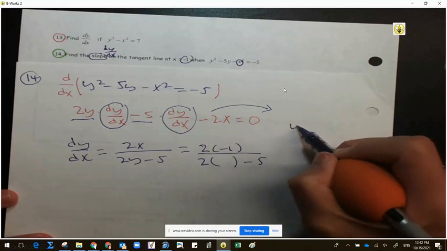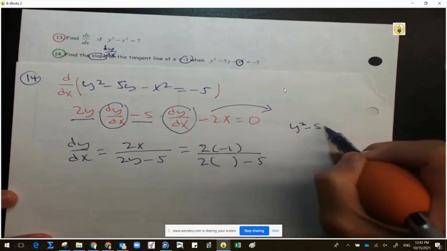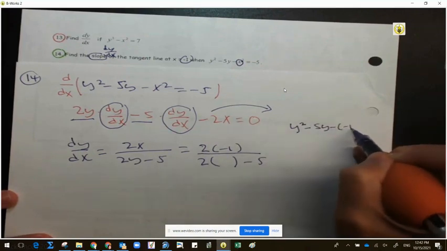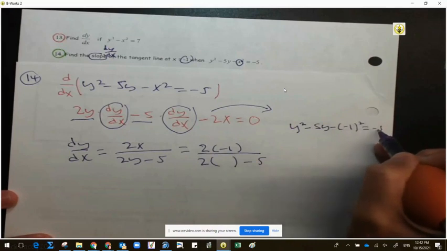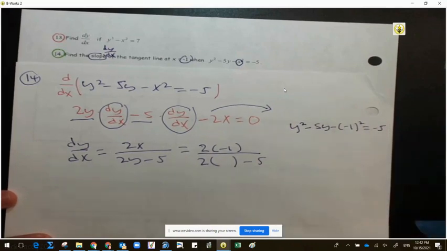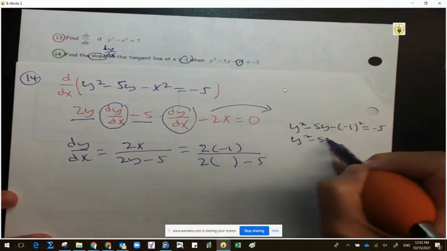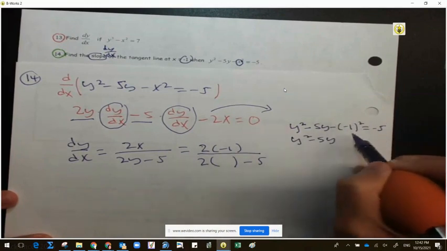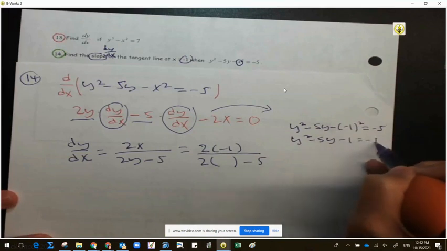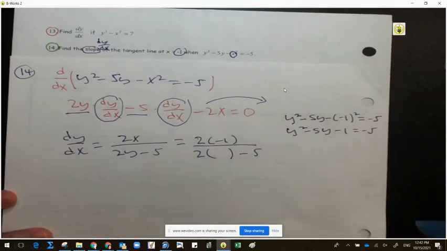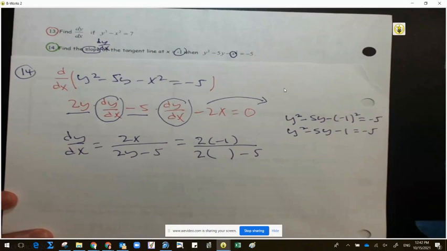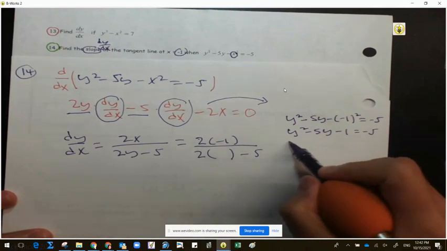Y squared minus 5y minus -1 all squared is equal to -5. And that's going to give us y squared minus 5y minus 1 equals -5. Now, does it look like we have a trinomial? If I have something squared, something plus a constant or minus, yes it is.